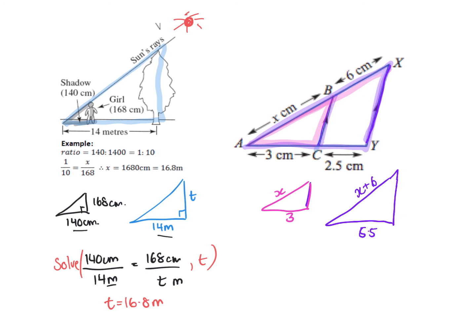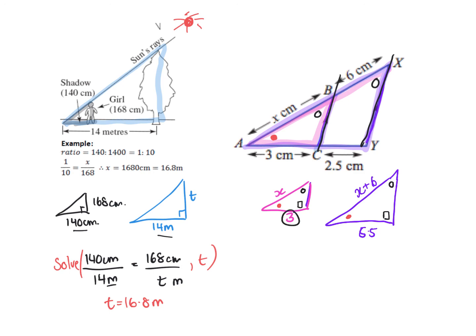Okay, so why are they similar? If you look, they both have this angle here. And when you have parallel lines, remember, corresponding angles are equal. So those two angles are equal. If those two angles are equal, then the last one must be the same, because they all have to add up to 180. So we can go about solving this the same way.